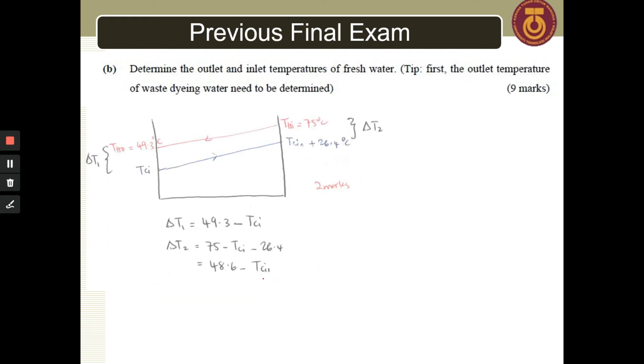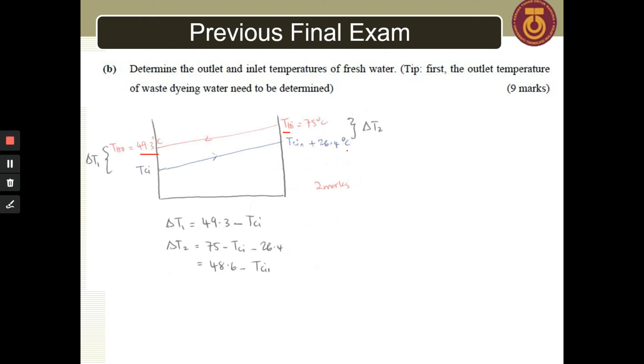So what we can do is plot the temperature profile here. The temperature profile for the heating fluid: the inlet is 75, the outlet is 49.3, which is already determined. The TCI is unknown. For TC out, as we know there is a temperature difference of 26.4, so TC out should be equal to TC in plus 26.4.